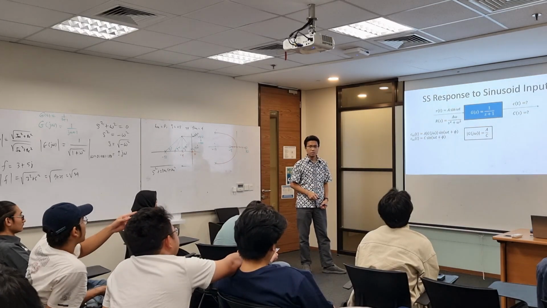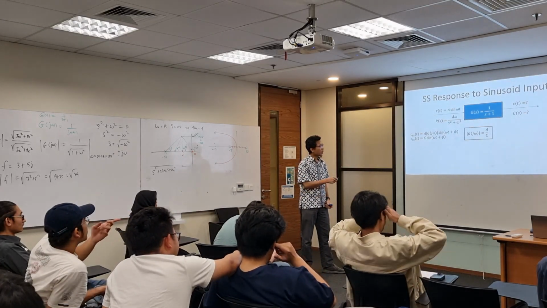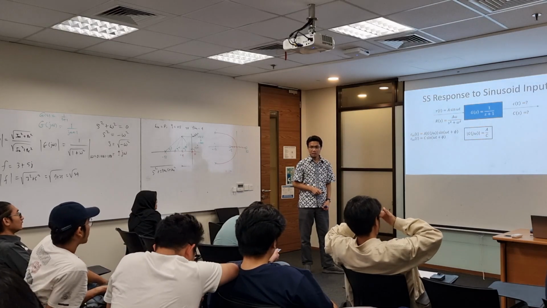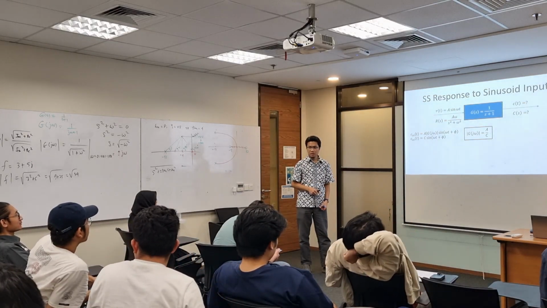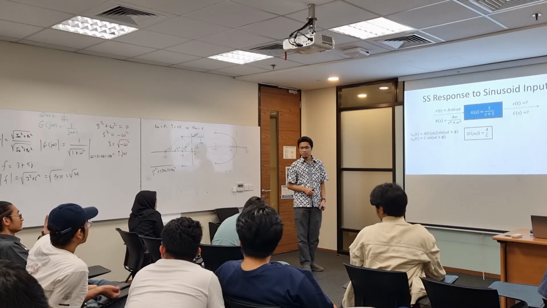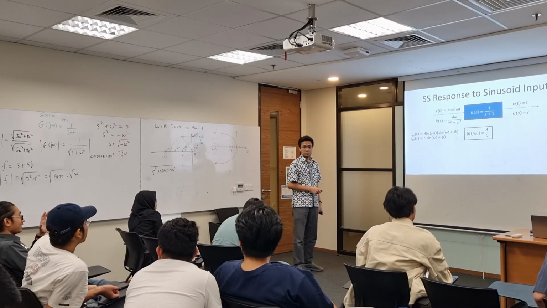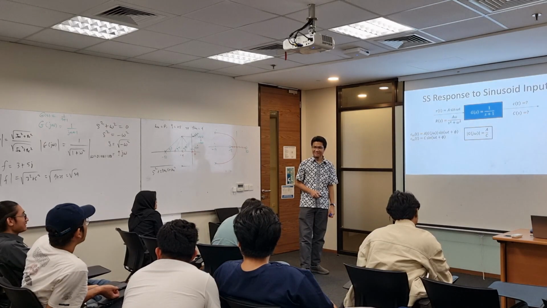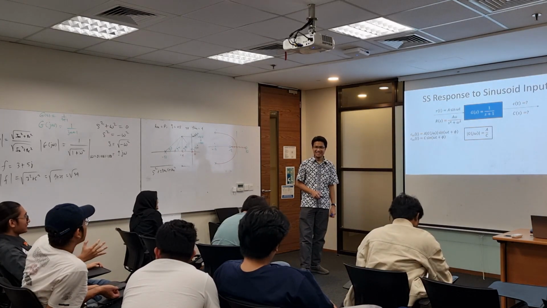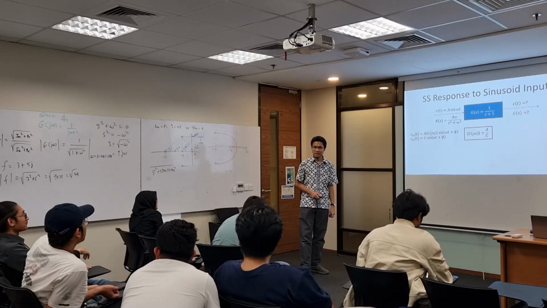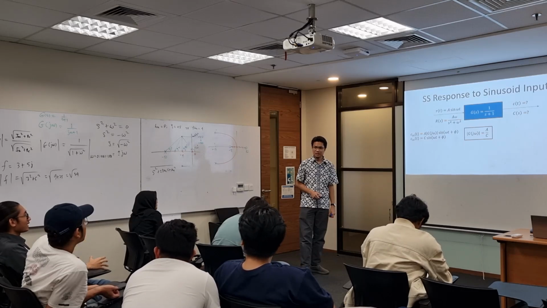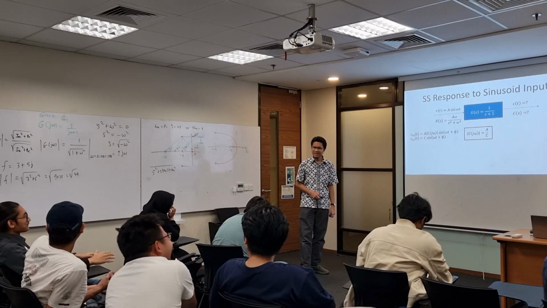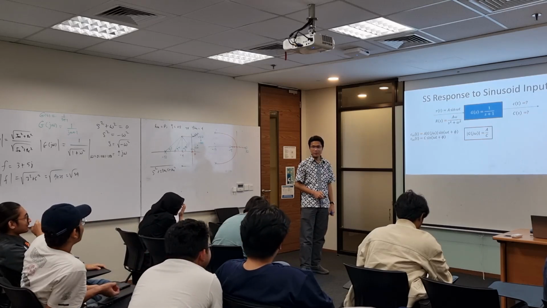So we insert A in there, right? No, A is something that we know. I think what we meant is if A times the magnitude of G of J omega equals C, why does the magnitude of G of J omega become equal to A over C?